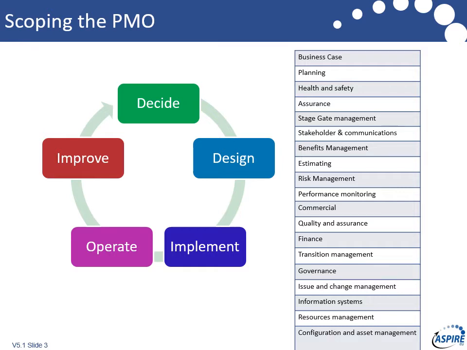Now, we've done quite a lot on this course about controls design, whichever ones it happens to be, planning, reporting, all those kind of things. And then we have to implement it, and then we need to operate it for a while and then improve it. What do we see in the lower maturity organizations? They have a go, they implement it, it kind of operates, and then a new broom comes along a couple of years later and goes, oh, we can do it better, throws the process out, rewrites it again.